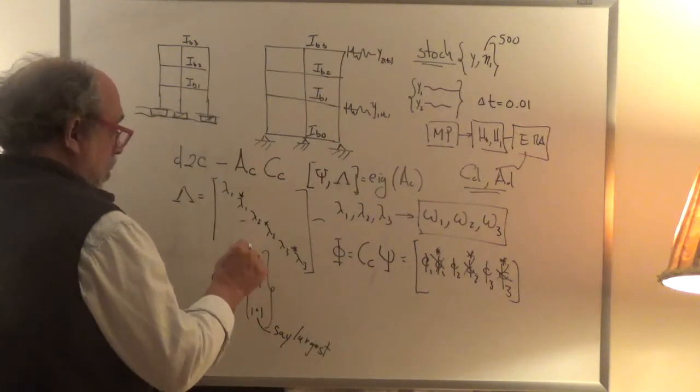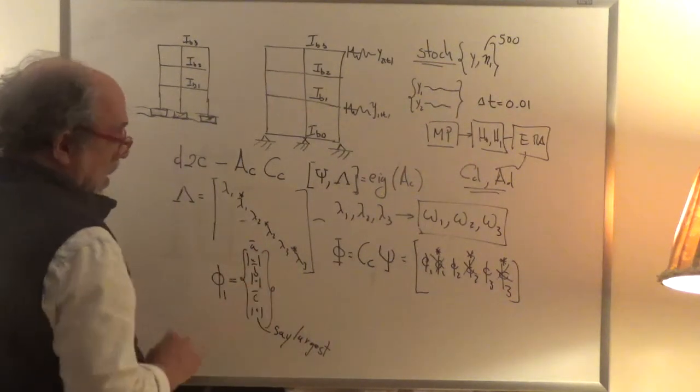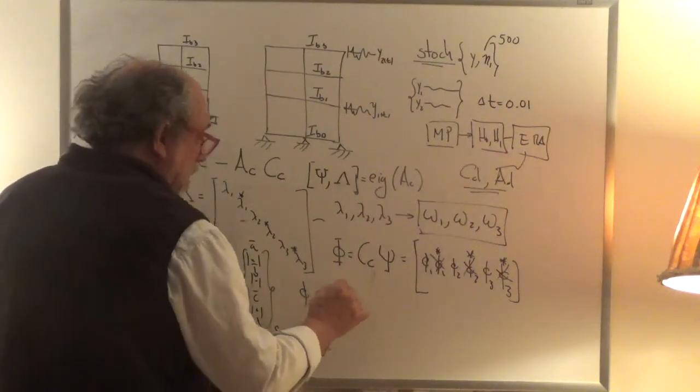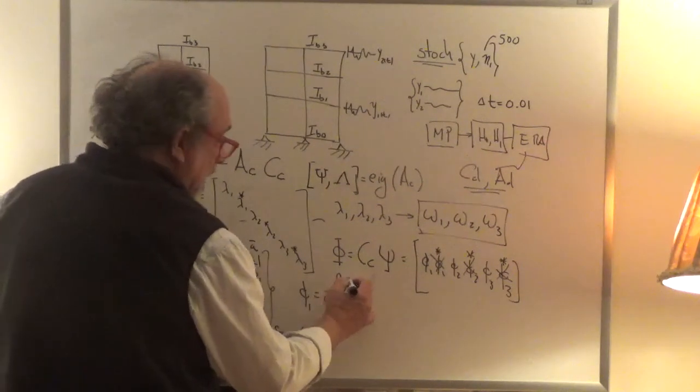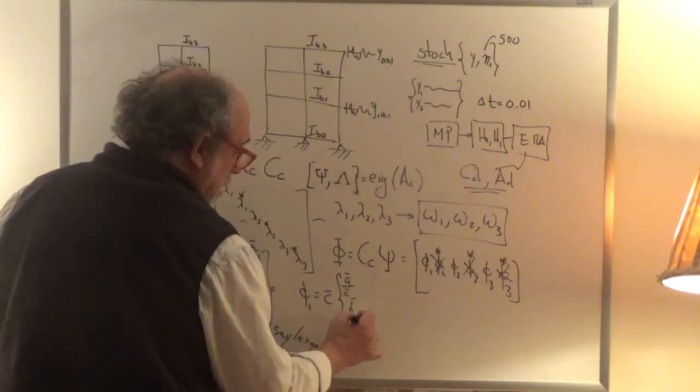As complex numbers, these were A bar, B bar, C bar. So I take phi 1 and I express it as C bar multiplied times A bar over C bar, B bar over C bar, and 1.